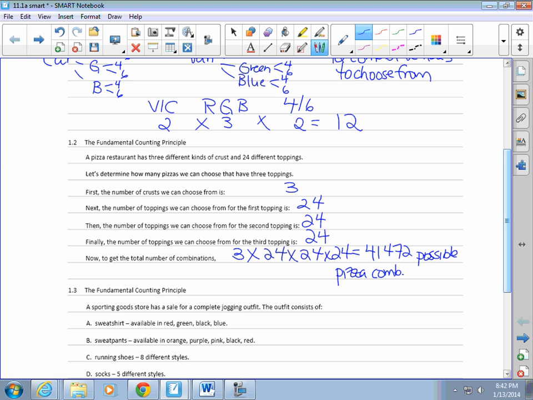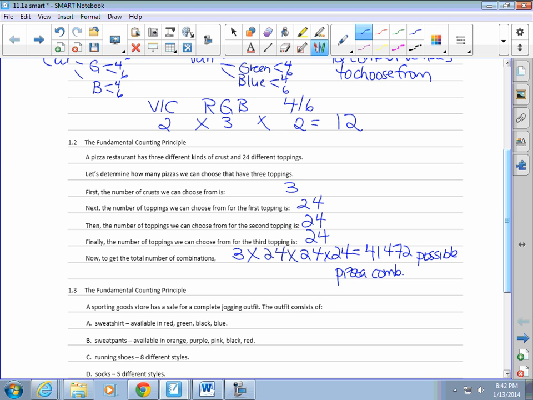So I could have chosen a thin crust cheese, pepperoni, and ham. I could have chosen a thin crust cheese, pineapple, and mushroom, and so on and so on. So altogether, to do a tree diagram with that would take you forever. So that's why we use the fundamental counting principle, which is just based on the fact that you multiply all of your possible options or choices together to see how many combinations you can make.